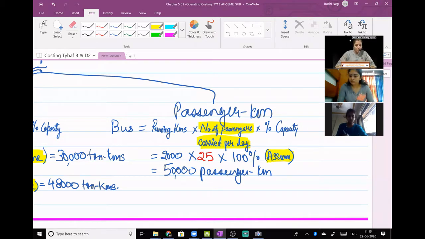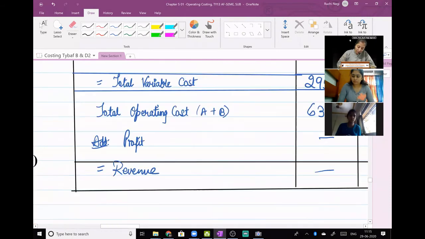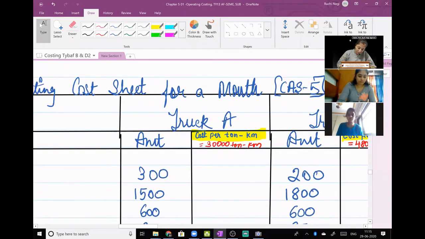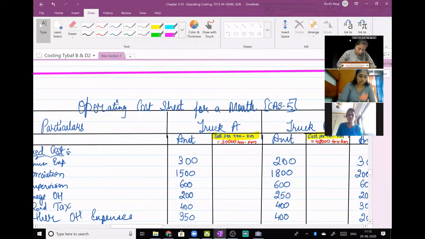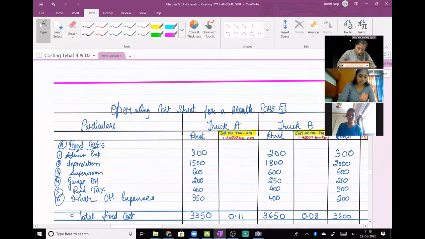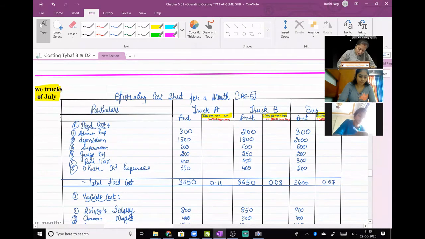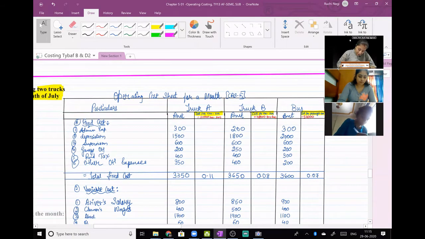Now let us come to our cost sheet. Make a monthly cost sheet. Write down operating cost sheet for a month, CAS 5.